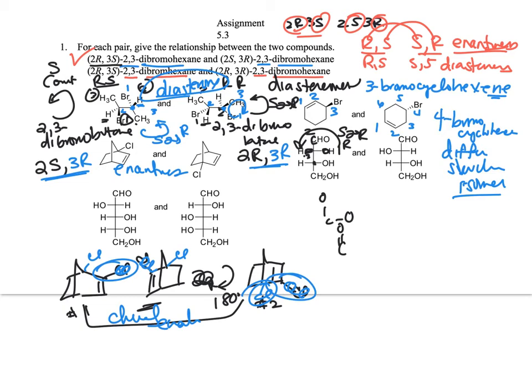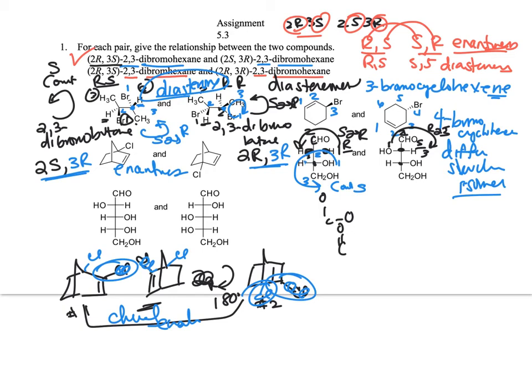Okay, so here we have 1, 2, 3. That's R, and that goes to S. So this one's S, and this one's R. So it depends on this one here. Let's go ahead and assign it 1, 2, 3.